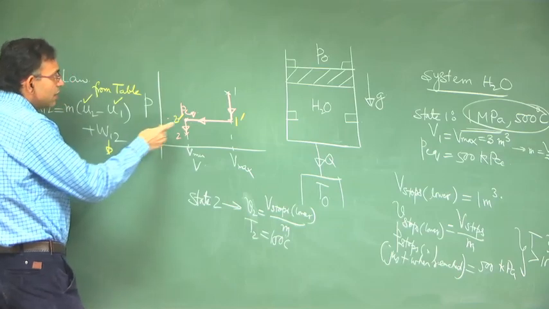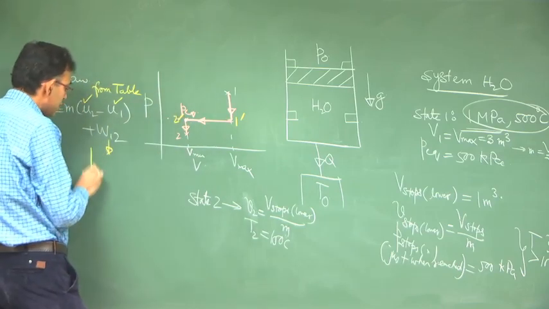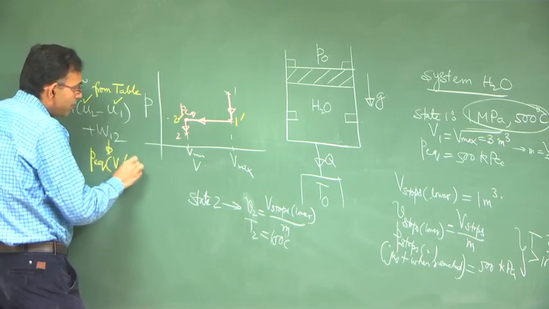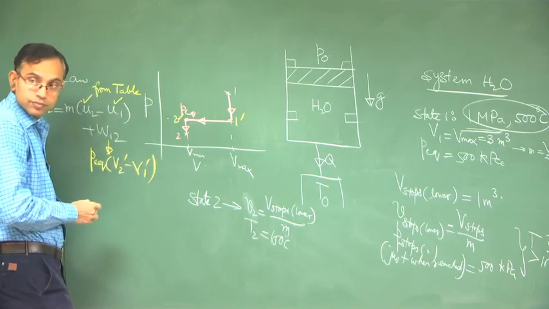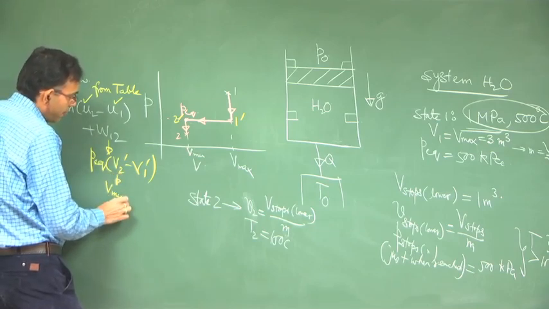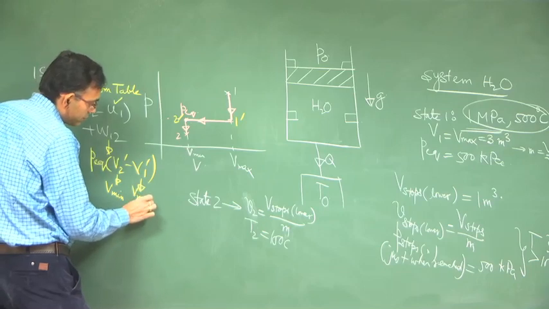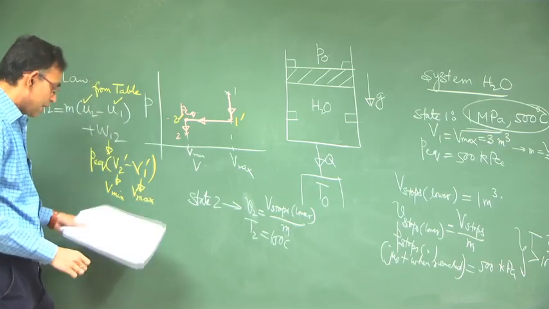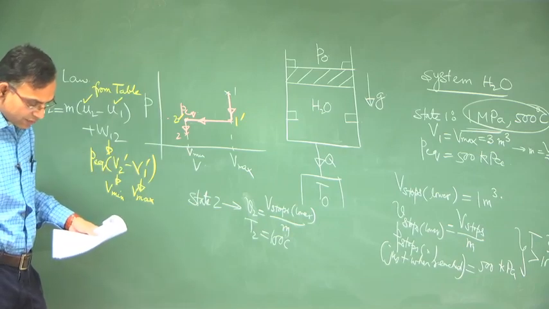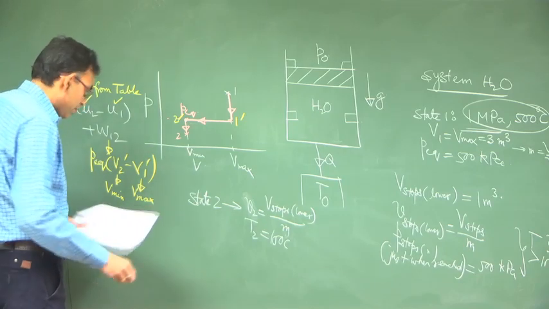Work done is integral P dV between 1 prime to 2 prime. So, this is nothing but P equilibrium into V2 prime minus V1 prime. So, this is V minimum, this is V maximum. So, we will get the heat transfer. Let me see if I have the value. Yes, heat transfer is minus 2677.5 kilojoule.